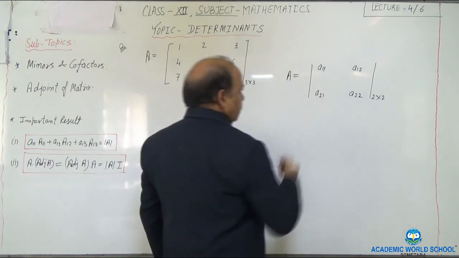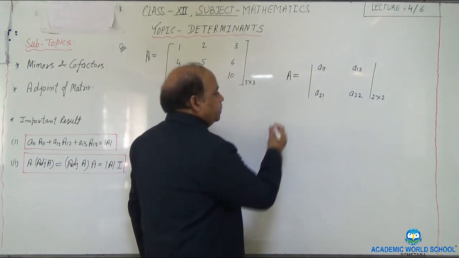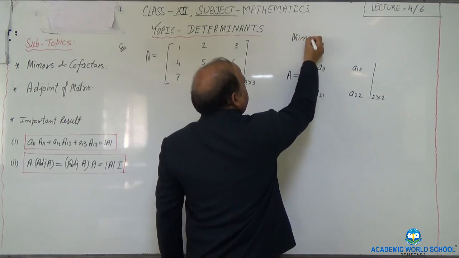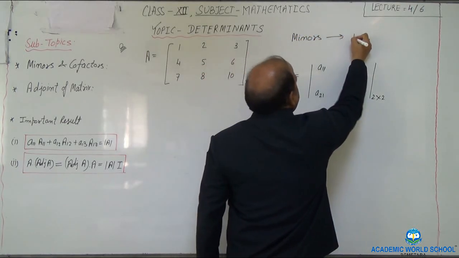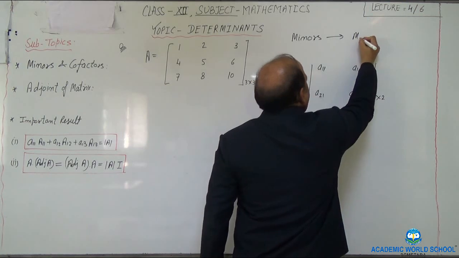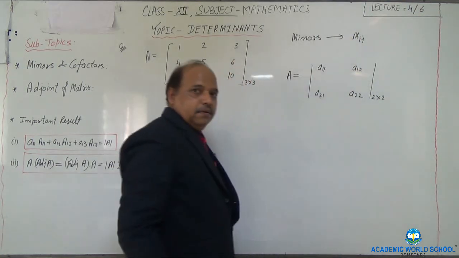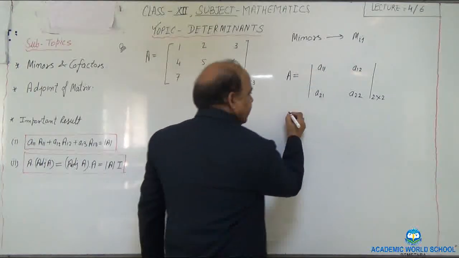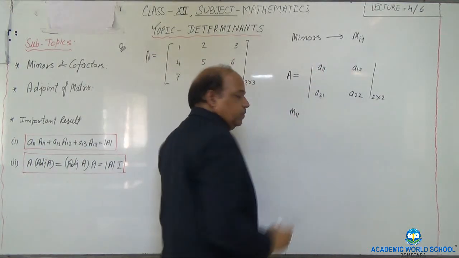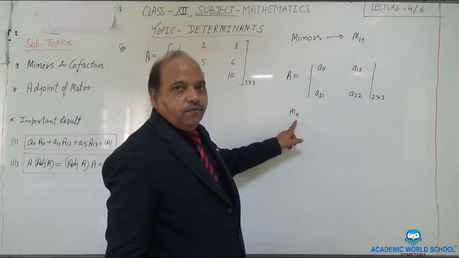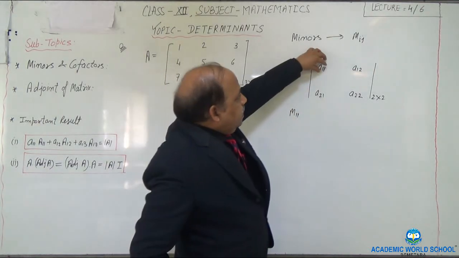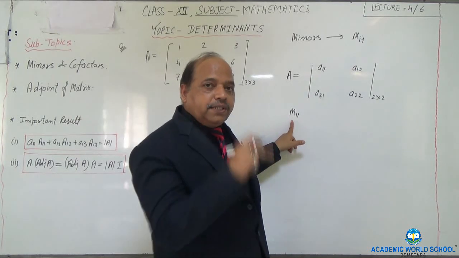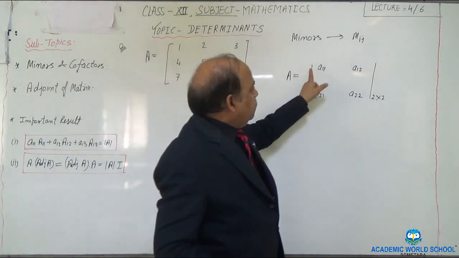Okay. Now in this case, minors are denoted by Mij. This is how we calculate minor. So if I say M11, what does it mean? M11 means the element which comes in first row and first column.